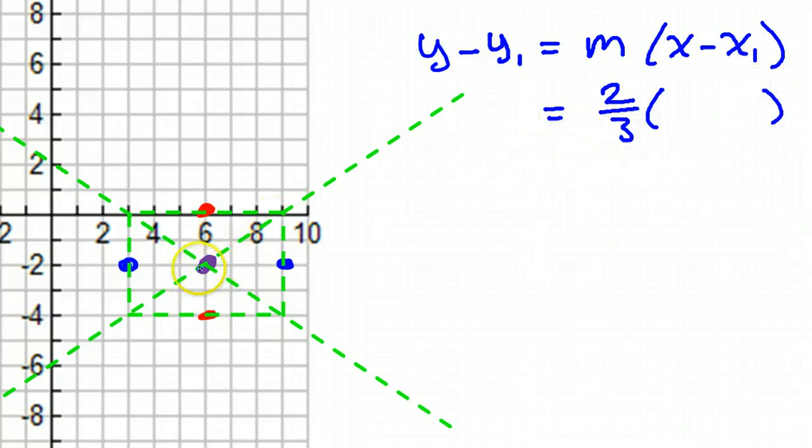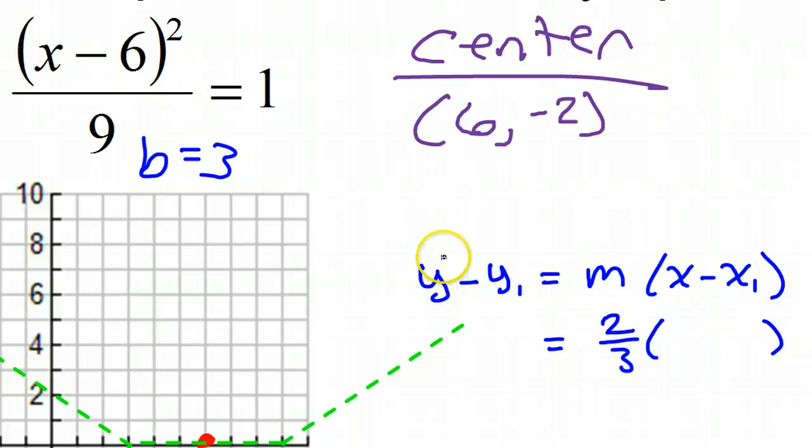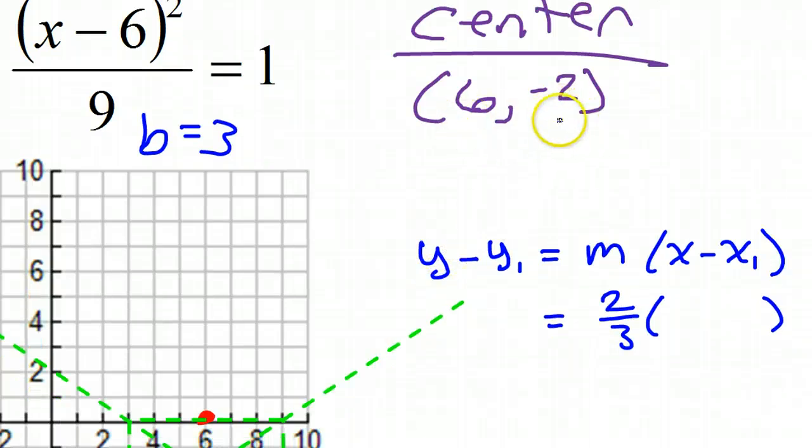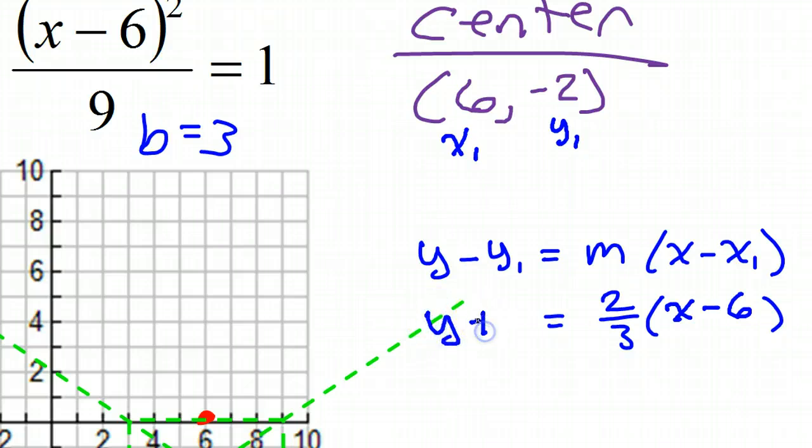What else? I recommend using the center as your x1 and y1. So we know that this is the center, so this will be our x1 and our y1. So I'm going to put the 6 here, so this will make x minus 6, that's my x1. And I'm going to put the negative 2 here, which it'll be like the opposite, so this will be a positive 2. So I will have y plus 2.